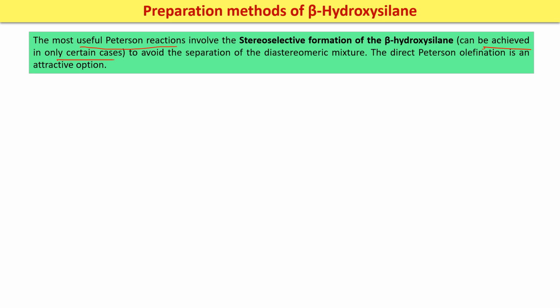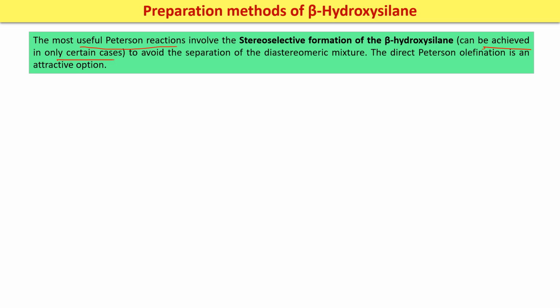If one of these is major, then you can focus on that particular beta hydroxysilane. If there is a mixture, suppose a 50-50 mixture, then we have to do the separation.